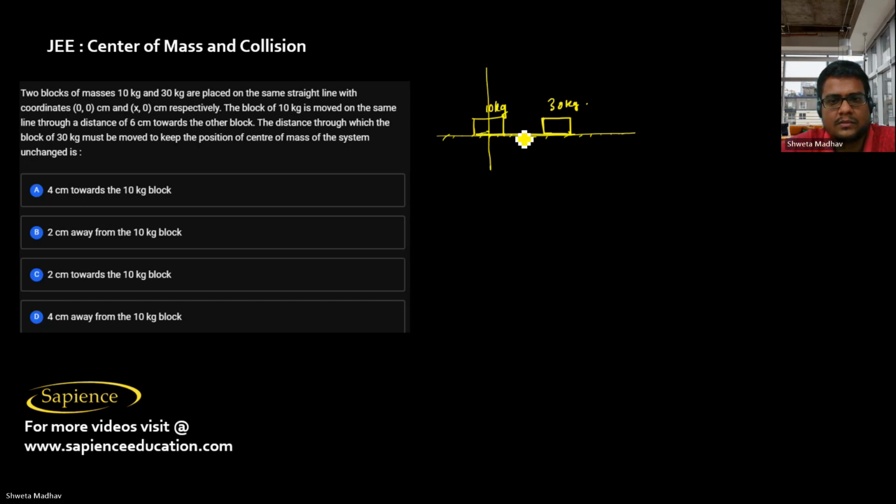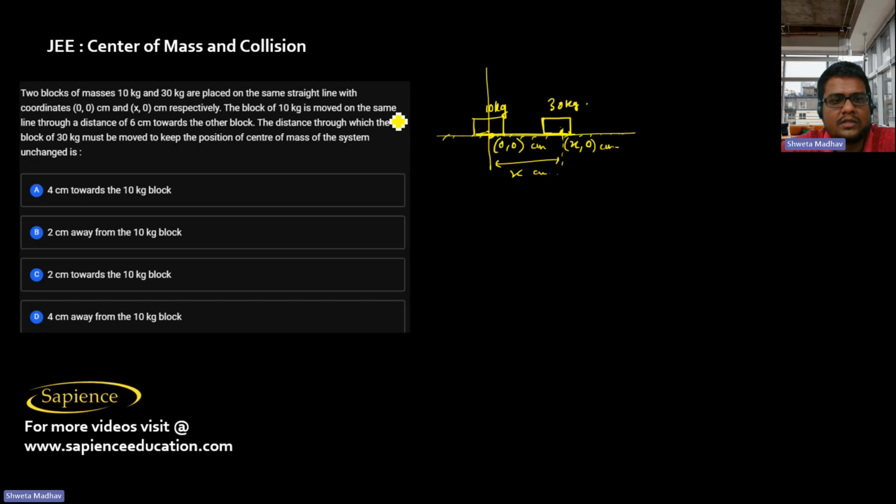So this one is placed at 0, 0 centimeter and the 30 kg is placed at x, 0 centimeter. So their separation is x centimeter.